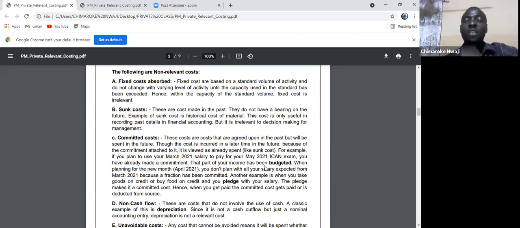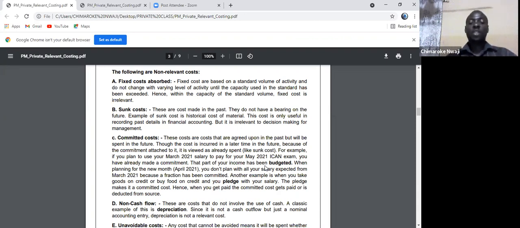Though it is going to be spent in the future, it is already taken as though it has been spent. And so it has elements of sunk cost in it. So that pledge you made now makes it assume the sunk cost nature, and so it is not relevant.